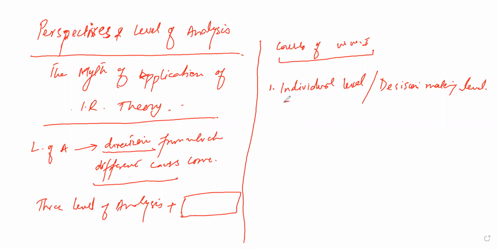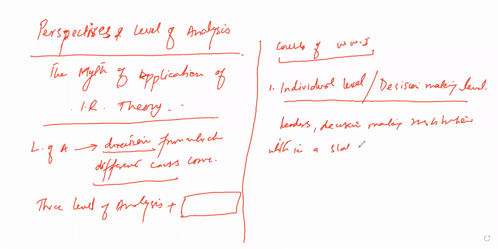This level of analysis emphasizes leaders and how they are thinking. It tells us about different decision making institutions, what type of path they have chosen, and of course that is within a state. So this is one.